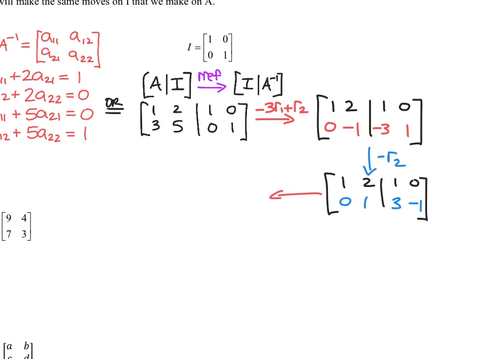And then just do a -2 R2 plus R1. That's going to give me, I'm just double checking to make sure I actually negated R2. So I have 0, 1, 3, -1.